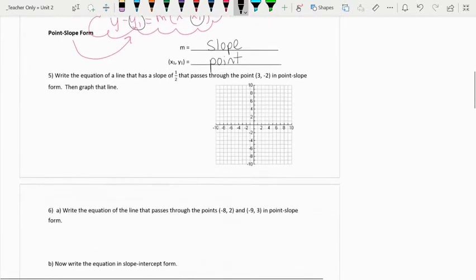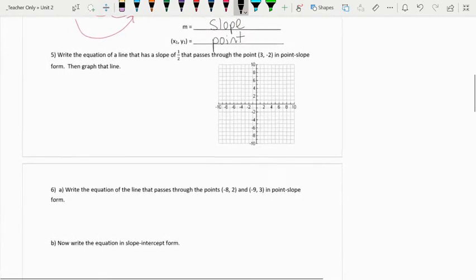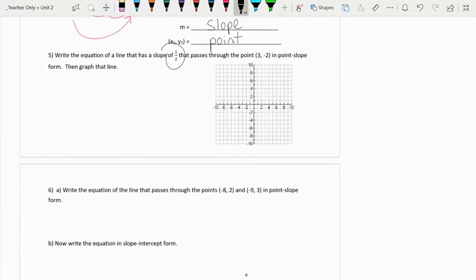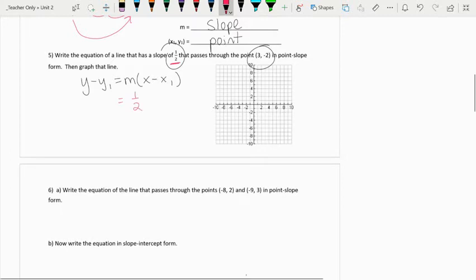So if we look at number 5, it says write an equation of a line that has a slope of 1/2 and passes through the point 3, -2. Okay, so again, y minus y1 equals m times x minus x1. So we're going to plug this in for m, and we're going to plug this in for our y1 and our x1.